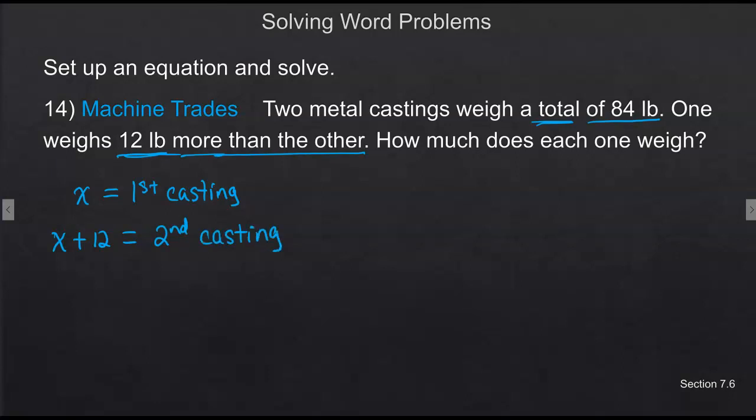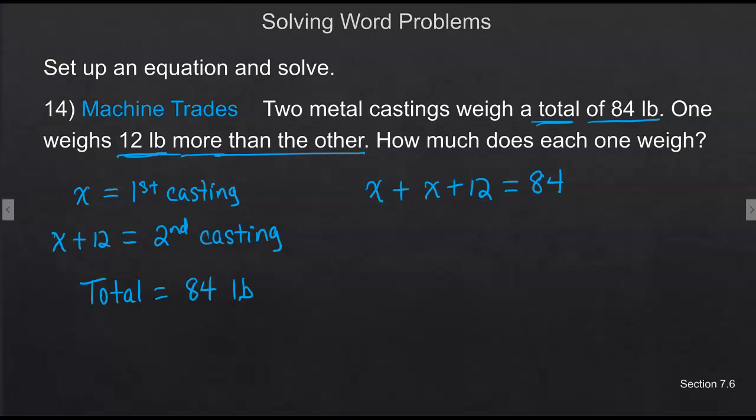So now I've named both of them, and my total weight is 84 pounds. Once I've done this part, putting it into the equation is not so bad. I'm going to say X plus X plus 12 equals 84. Here's my first casting, there's my second one, and together those equal 84 pounds.